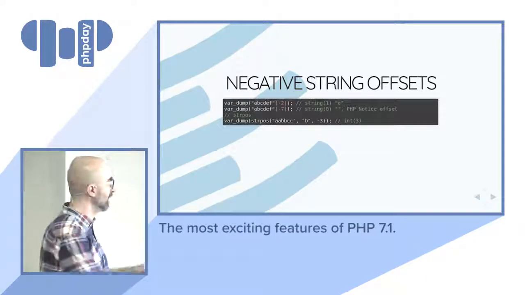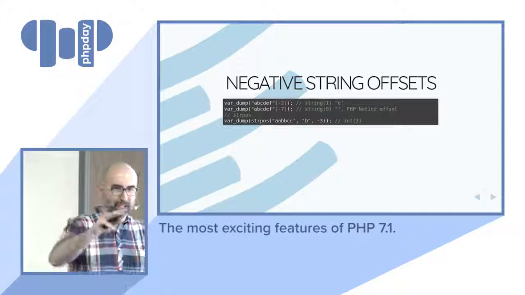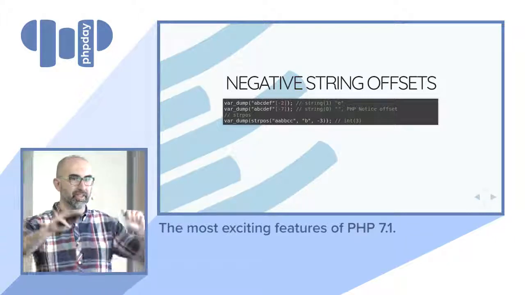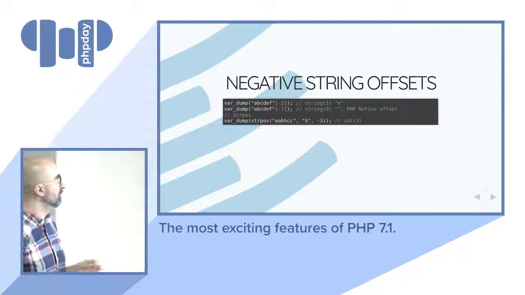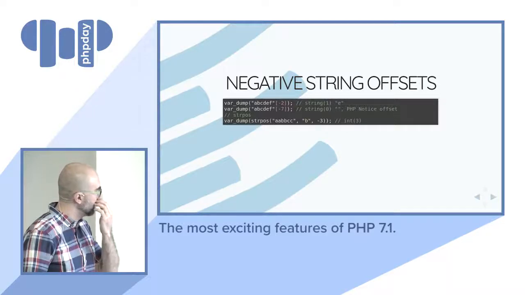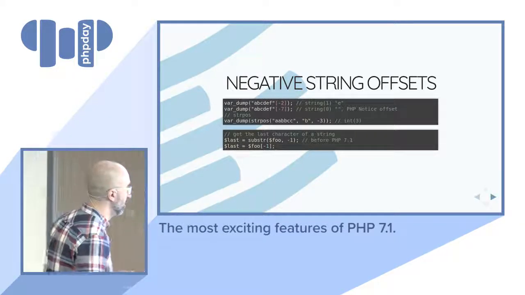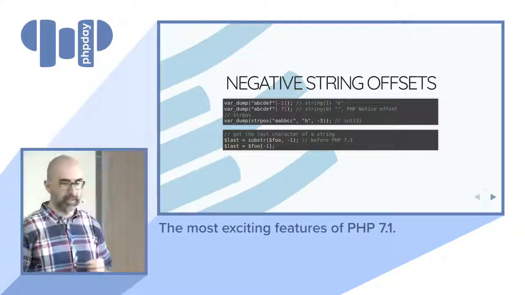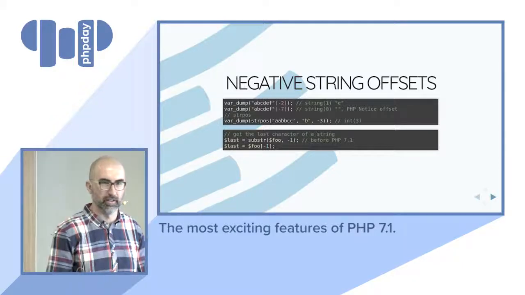So don't write too many pluses and positive and negative, because it can be very tricky. But if you pay some attention, you can get nice stuff. For instance, one of the things I hated in PHP was getting the last element of a string.